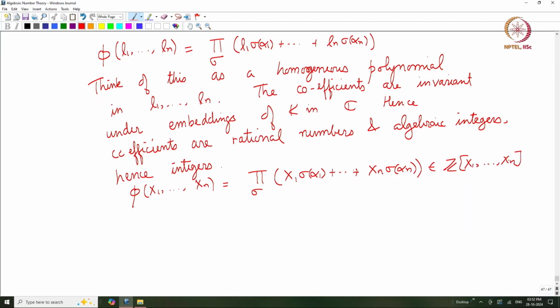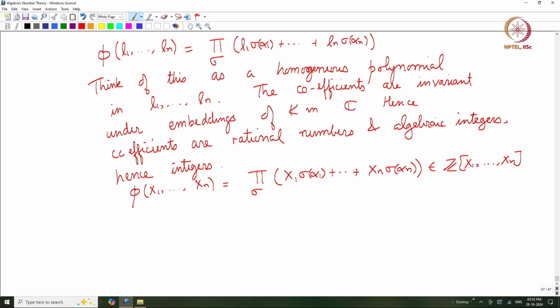Okay. Now, I am evaluating this at certain rational numbers. Okay. So, what I want to do is I want to show that as long as I stay away from a certain neighborhood of the origin, I can never get an integer, right.